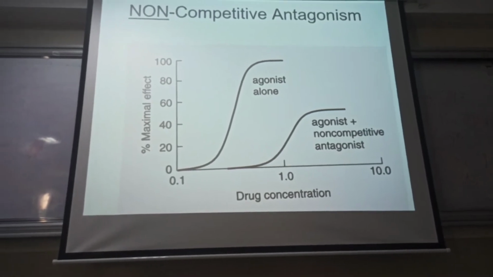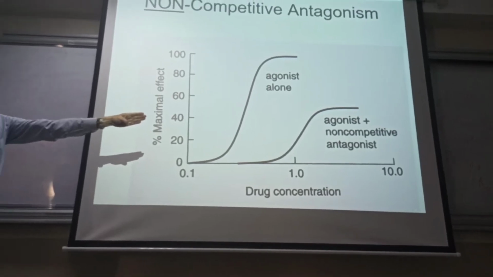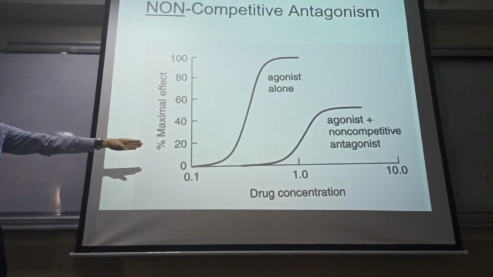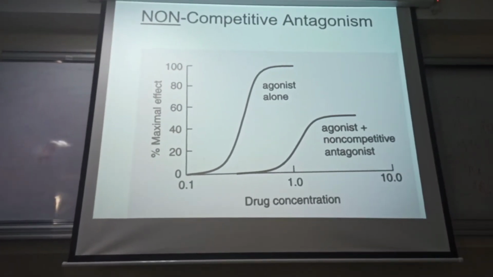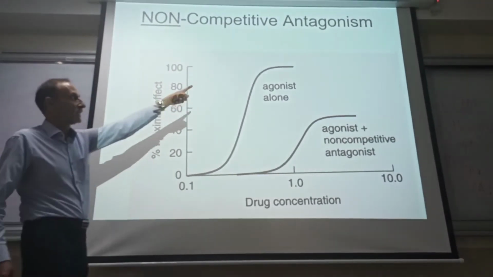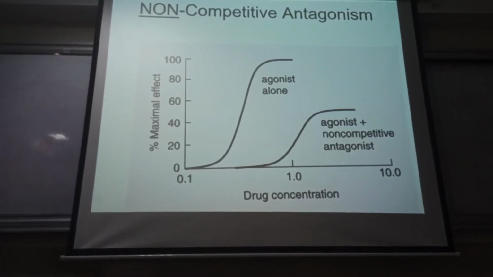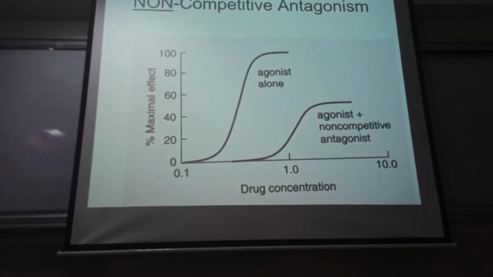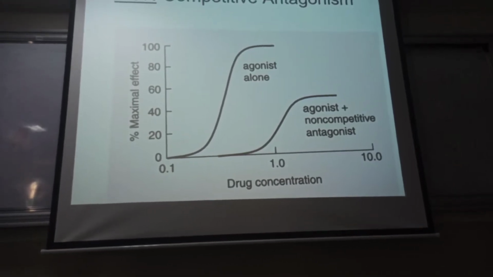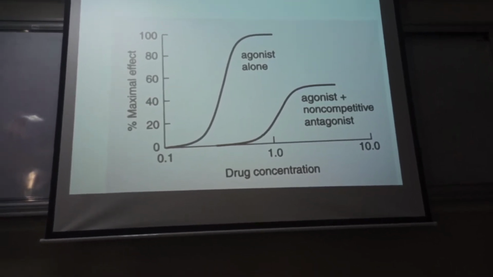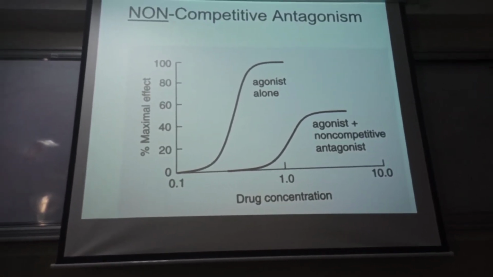Here, again we have agonist alone and non-competitive antagonist. You see that in the presence of non-competitive antagonist, we cannot produce the maximal effect of agonist alone. So in competitive, since there is one binding site, the binding site for both antagonist and agonist is the same.